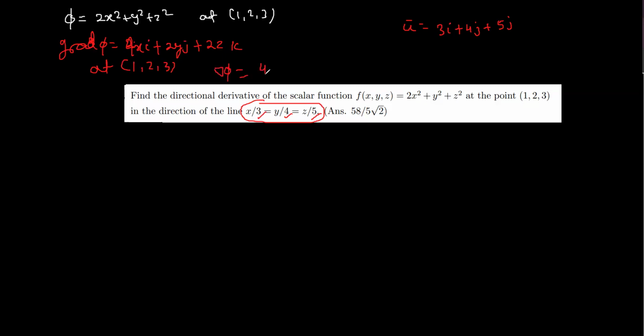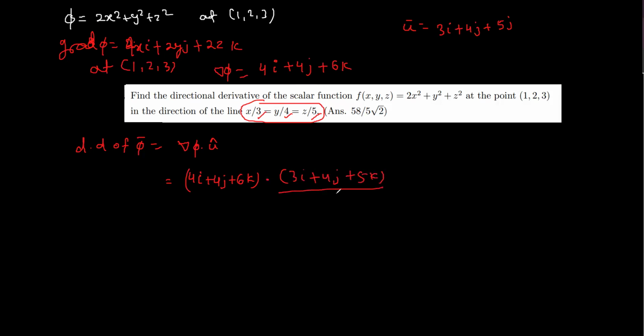So the directional derivative of phi along vector u is grad phi dot 3i 4j 5k upon the modulus of vector u.